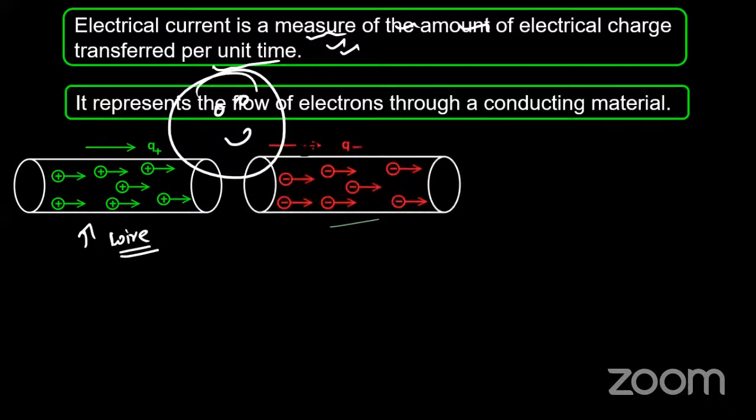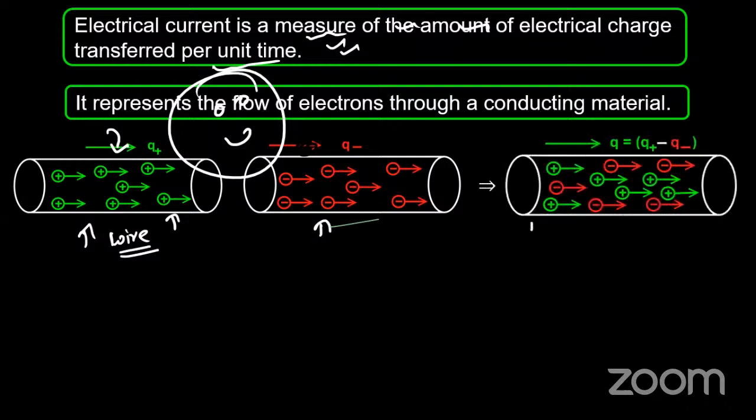So in these wires, suppose some protons are likely to be set. But basically, what are protons? Protons is the lack of electrons, है ना? So basically, what is happening here? Here, the protons are shown moving like this, and electrons are moving. But when we combine both, this shows you the net charge crossing per unit cross-section area. Net charge कितना it is? Positive Q plus Q minus Q minus, है ना? क्योंकि electrons opposite direction में हैं.